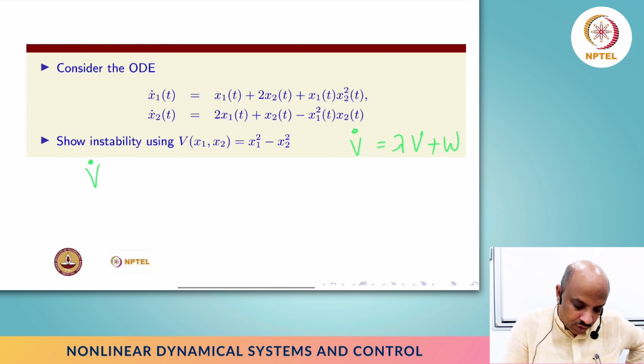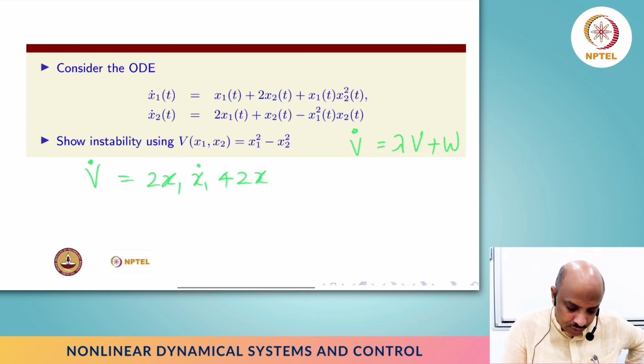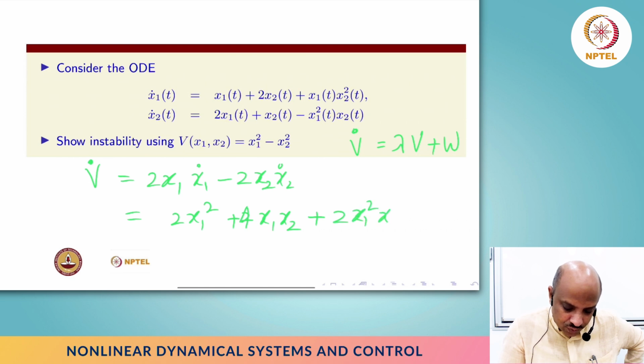For some lambda. So if I compute V dot in this particular case, I'm going to get 2x1 square plus 4x1 x2 plus 2x1 square x2 square minus 2x1 x2 plus 2x2 square.